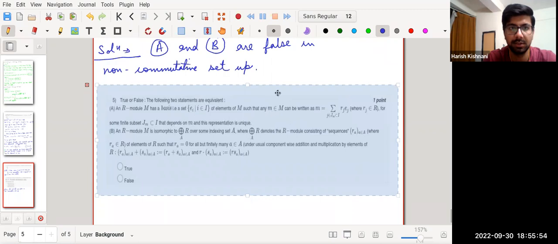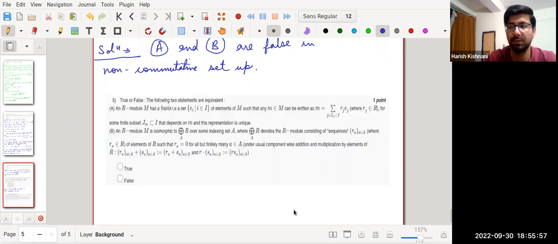So it says, again a true false question. The following two statements are equivalent or not. An R module M has a basis, that is a set e_i belonging to the indexing set I of elements, such that any m can be written as a linear sum of these e_j's, and the set of these e_j's is finite.